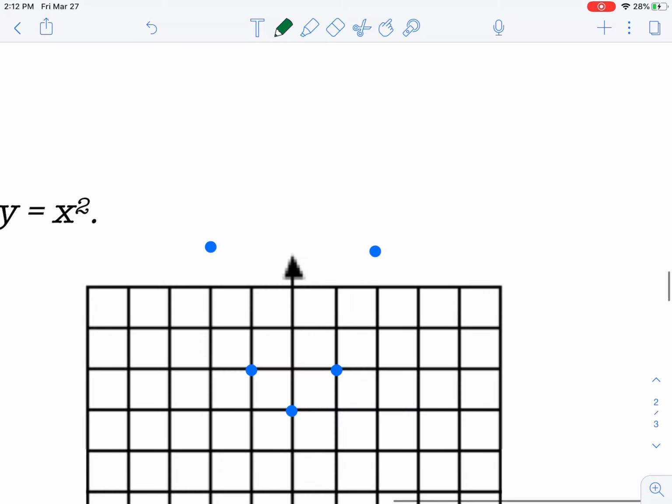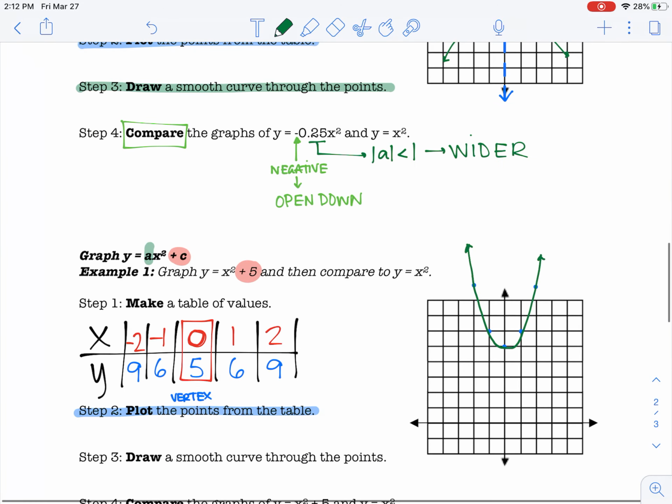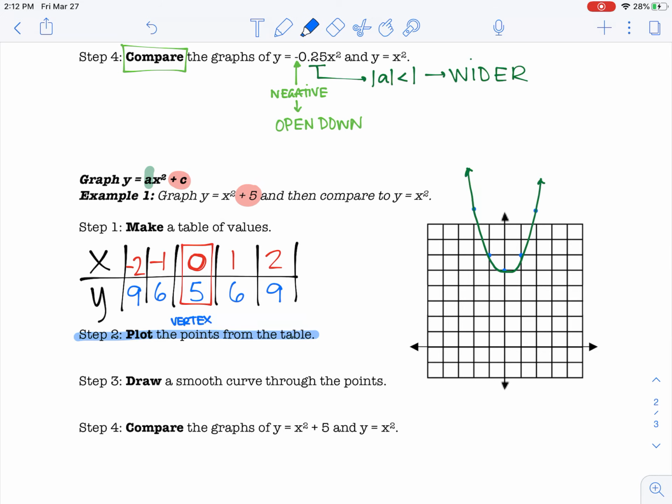So now we're going to connect that with a smooth curve. Let me try that again. Not forgetting our arrows. All right, then our goal is to compare this to the parent function.